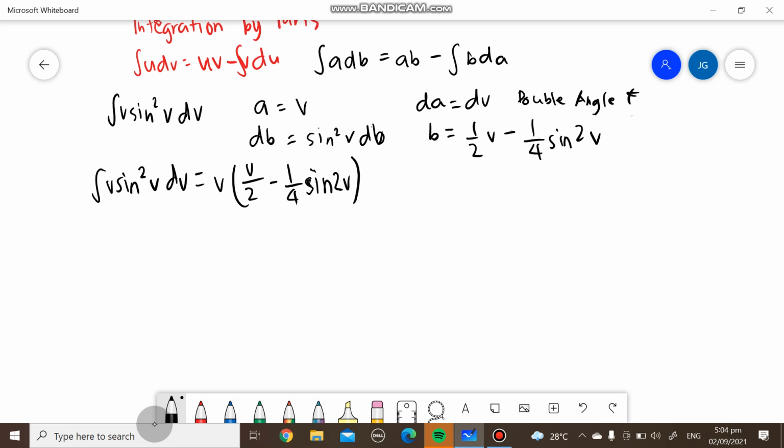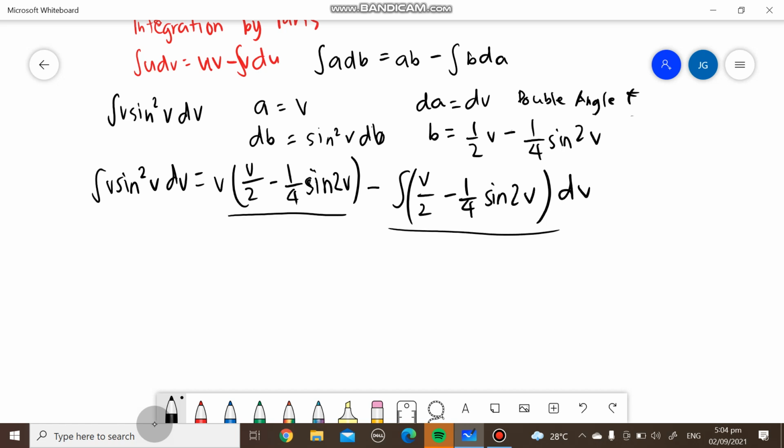Okay? So, minus the integral of b, which is v over 2 minus 1/4 sine 2v multiplied by the dA, which is just dv. Okay, so ito, okay na to.